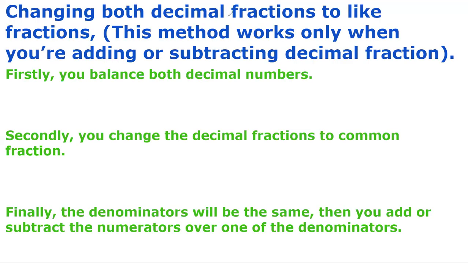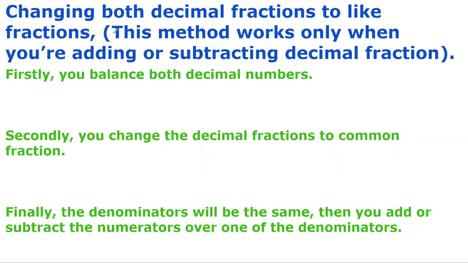Now here is our second procedure that we can use to add or subtract decimal fractions. This procedure is changing both decimal fractions to like fractions. And as I said in our first submission, like fractions are the fractions with the same denominators.